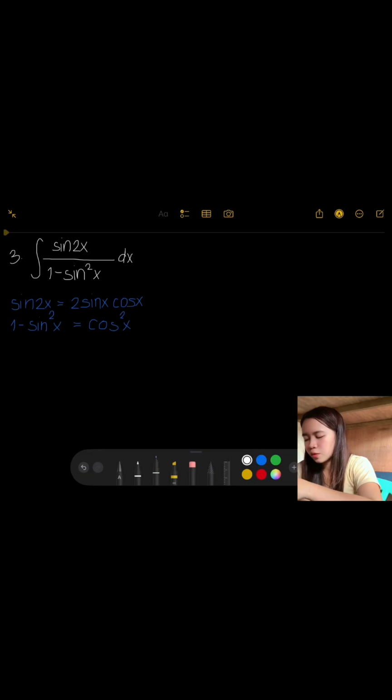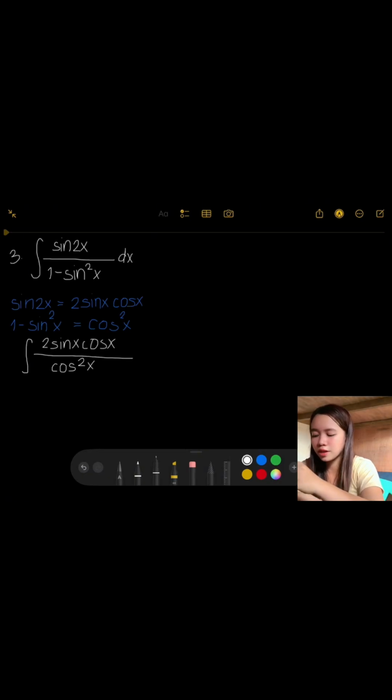So our equation now becomes the integral of 2 sine x cos x over cos squared x. Let's separate this: 2 sine x multiplied by cos x over cos squared x, which is 1 over cos x.